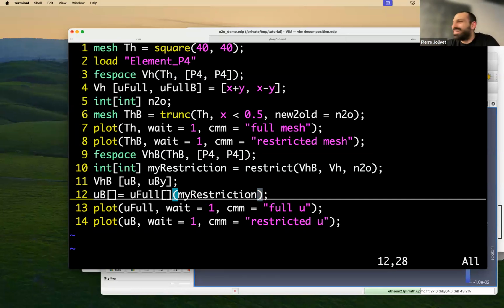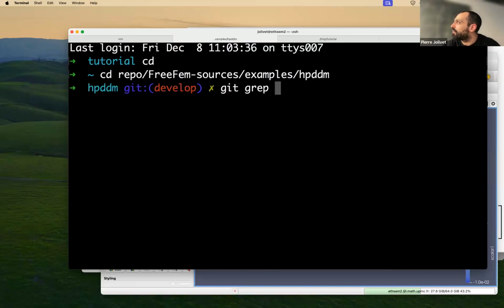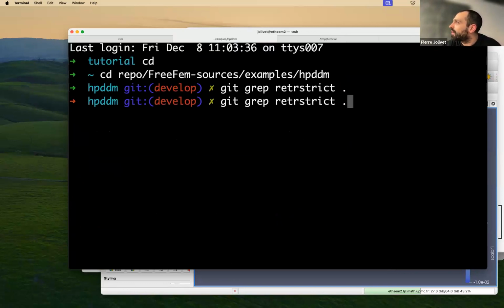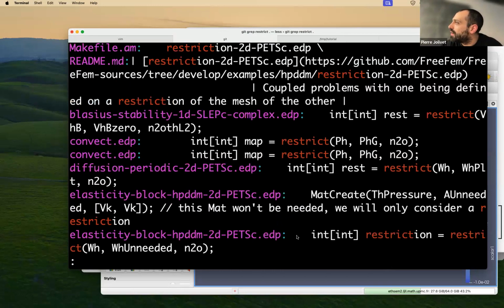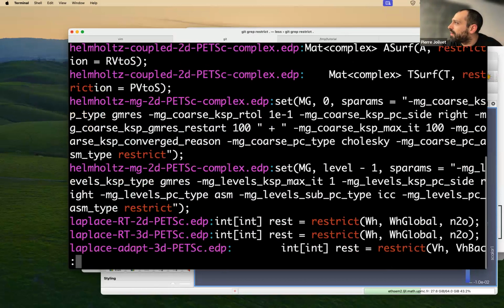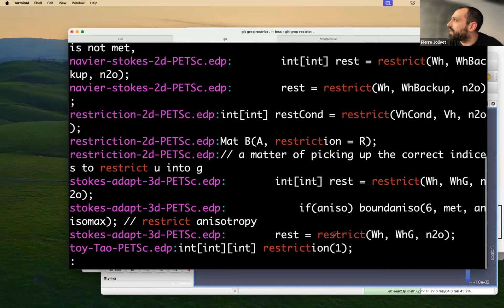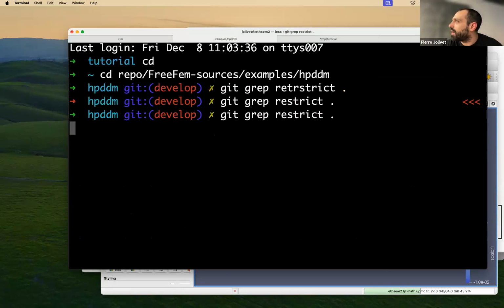Do you have some examples in the files? Sure, sure. In fact, in the source file, repo FreeFEM source example HPDDM, restrict. So in the documentation, there is an example where we solve a problem in part of a domain.